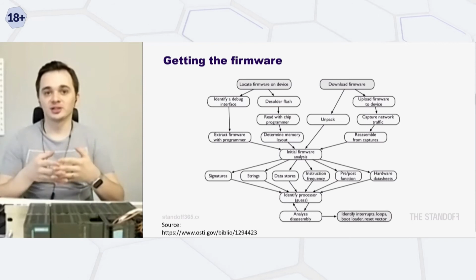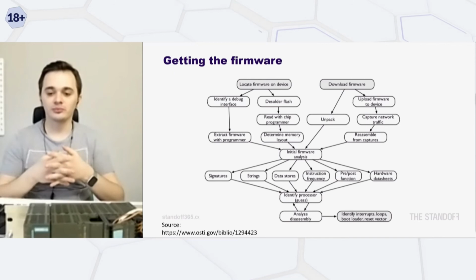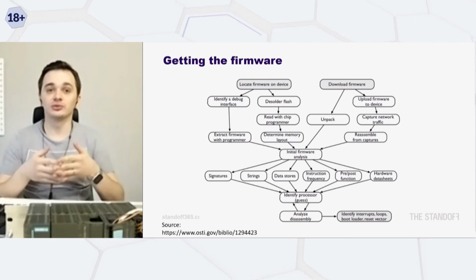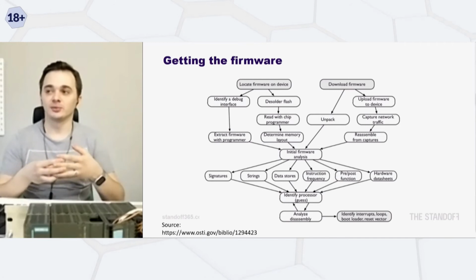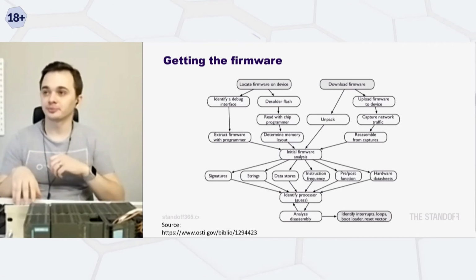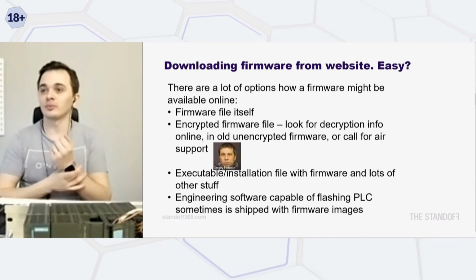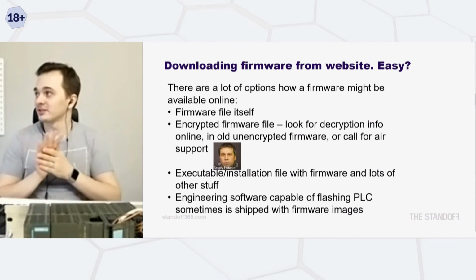And the illustration that you see now on the screen is what I borrowed from this guide, and it gives you a very good idea of all the different steps and stages that you have to go through in order to get the firmware, so that at an even later stage you'll be able to analyze it.